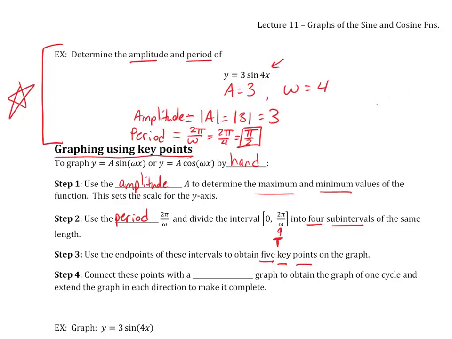Now, what do I mean by 5 key points? Well, think about the sine wave. If this is the period, then you know the sine wave is going to start here and end here. Halfway through, it's going to be also back to the middle. Halfway between there, it's going to go up whatever the height of A is and down negative A. And there's your sine wave, but it's dependent on T and A.